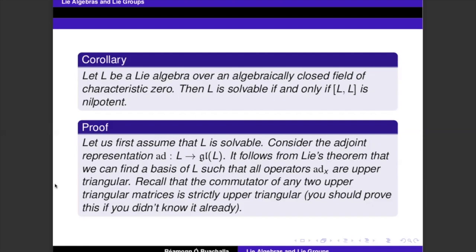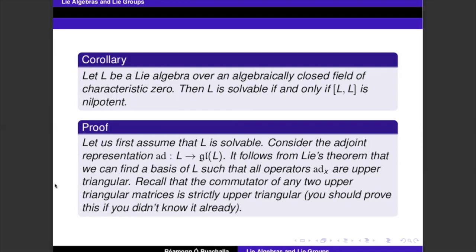For a Lie algebra that is solvable, we know we have a basis. Even if the basis is a basis of the Lie algebra itself, it doesn't matter. There was no assumption on the representation. So the adjoint is a perfectly good representation. So Lie's theorem now says that we have this basis of the Lie algebra itself, such that all of these operators are upper triangular.